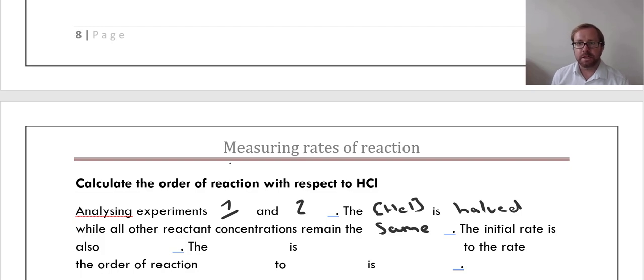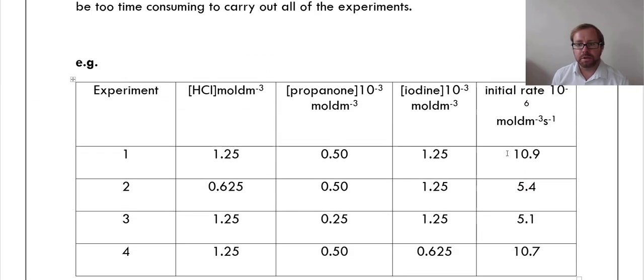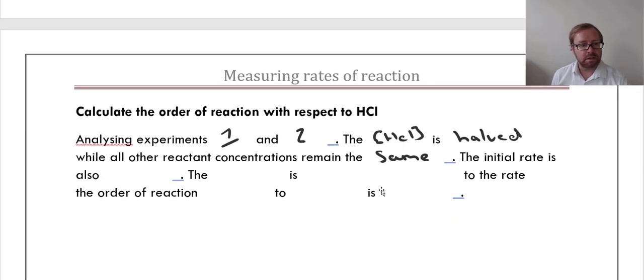And what happens to my initial rate? 10.9 to 5.4, so my initial rate is also halved.